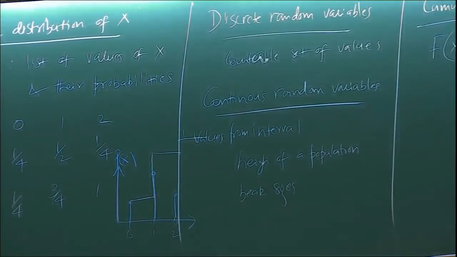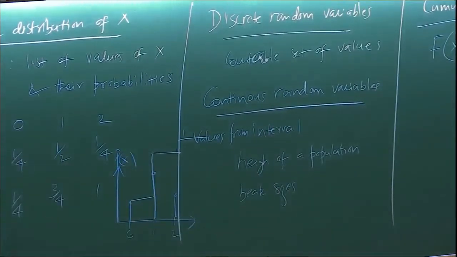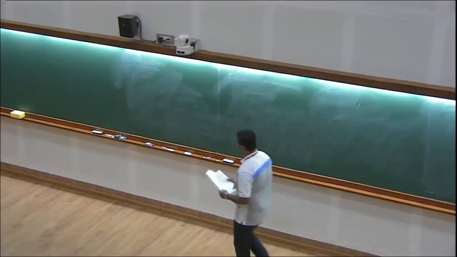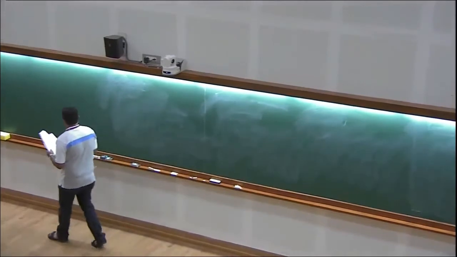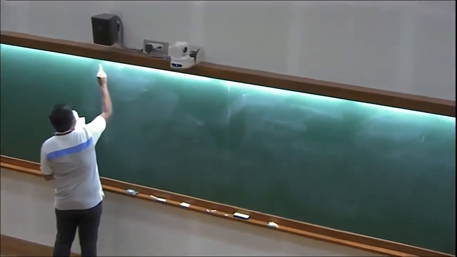So I just want to summarize a bunch of frequently encountered random variable distributions so that one is familiar with these terms. Let's start with discrete random variables, and then we can go on to continuous ones. One of the simplest is Bernoulli random variables.